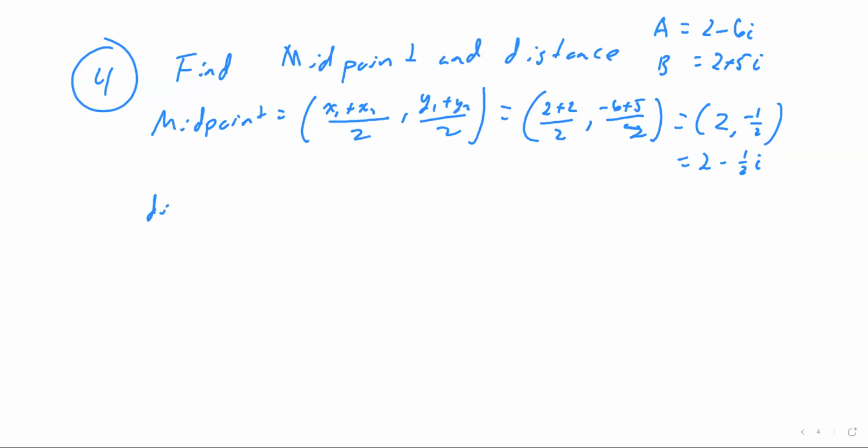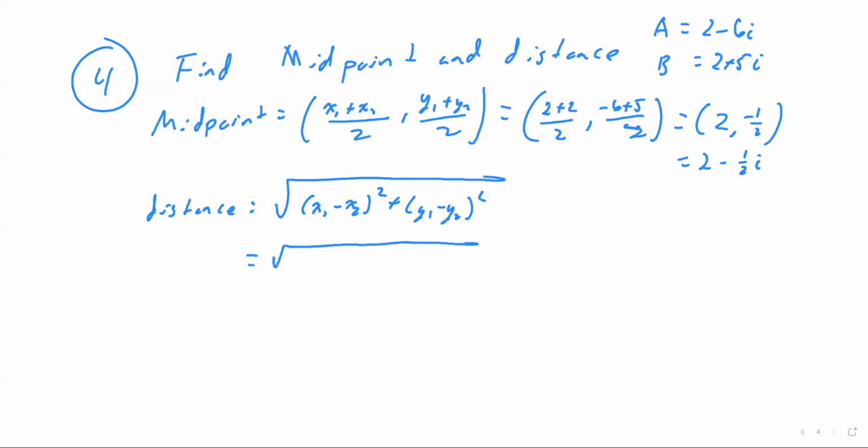To find distance, remember, it is the square root of the difference of your x's squared plus the difference of your y's squared. So in this case, that will just be 2 minus 2 squared plus negative 6 minus 5 squared. Don't stress about the order, right? The order is not going to matter. It's just about finding the difference of them.